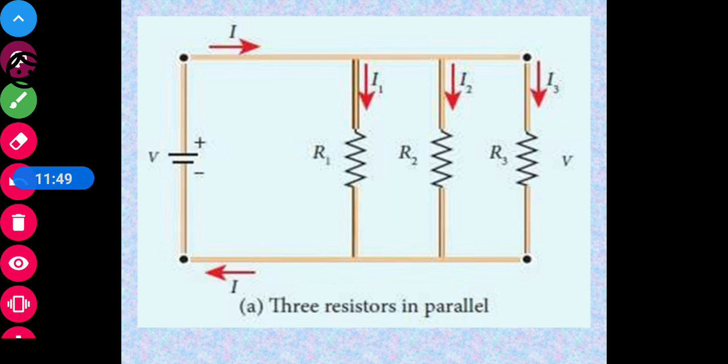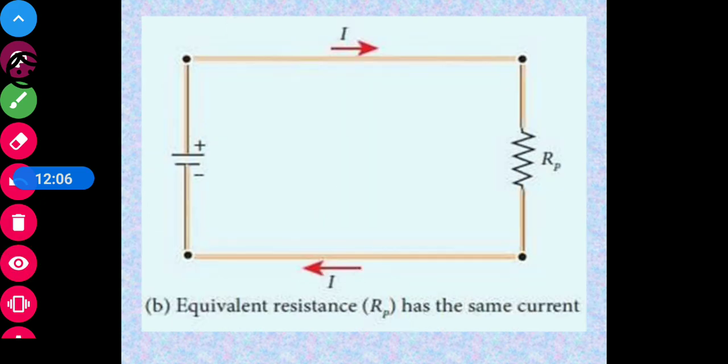So this is the arrangement in which three resistors R1, R2, R3 are connected in parallel to each other. This current I comes and divides into all three: I1, I2, I3. All three resistors are connected across the same voltage. So this is the equivalent resistance Rp and the equivalent circuit diagram.